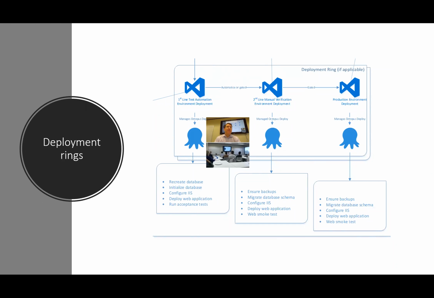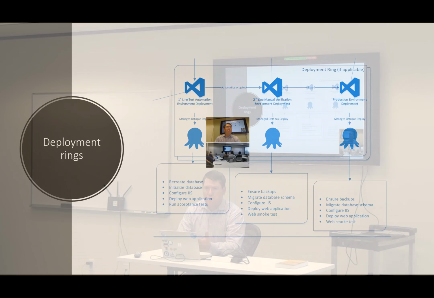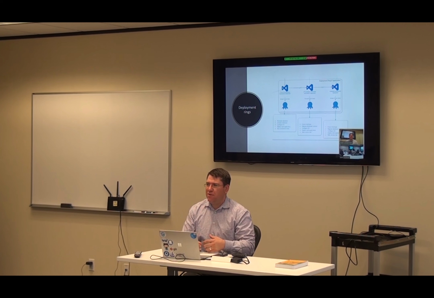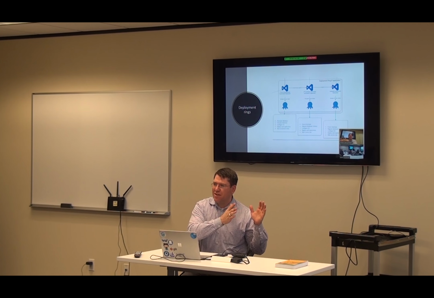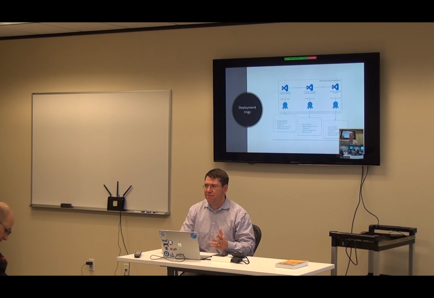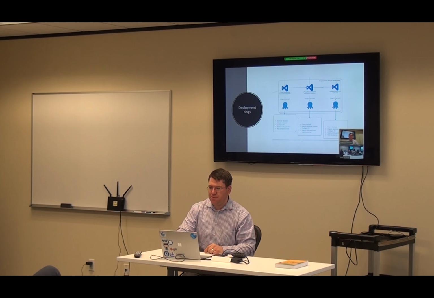VSTS is a system that uses deployment rings because the system can only support so many accounts on one particular cluster. Same thing if anyone's familiar with Salesforce.com, there's not just one deployed Salesforce. There's many, and your account might happen to be one. And so if they're going to rev Salesforce.com, they're going to use deployment rings and choose one at a time. And if some problem slips through, deployment rings is a concept that prevents all of your customers from experiencing a problem if one slips through to the first ring that you deploy to.